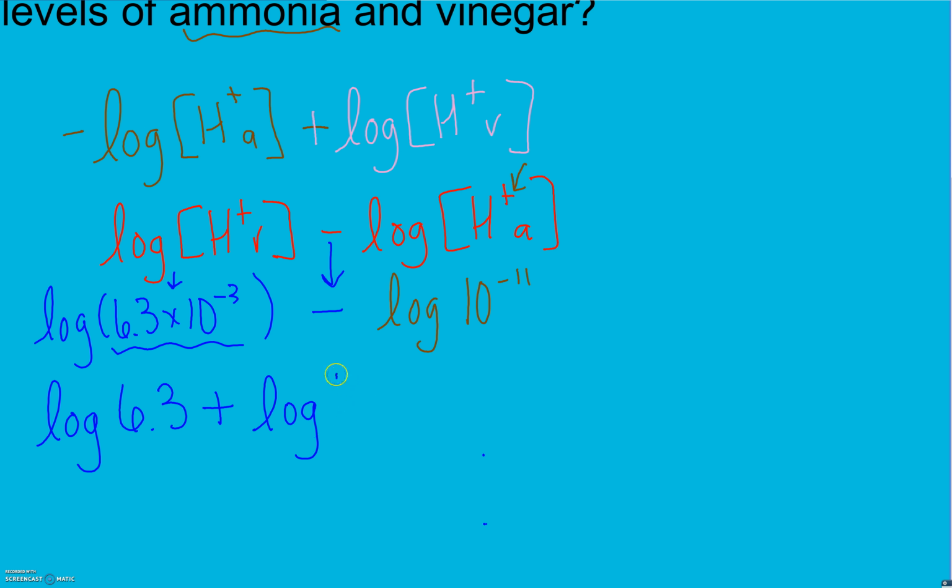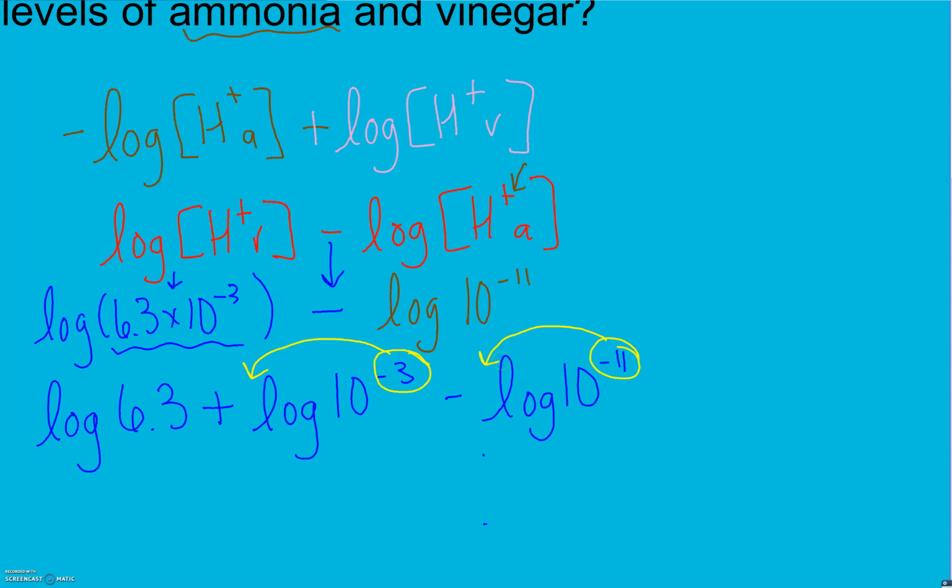Log base 10 of 10 to the negative 3rd power minus log base 10 of 10 to the negative 11th power. And the reason I did that is because we want to simplify this the best that we can before we type it in, because otherwise it gets a little bit hectic and there's a very good chance that we're going to mess some things up.